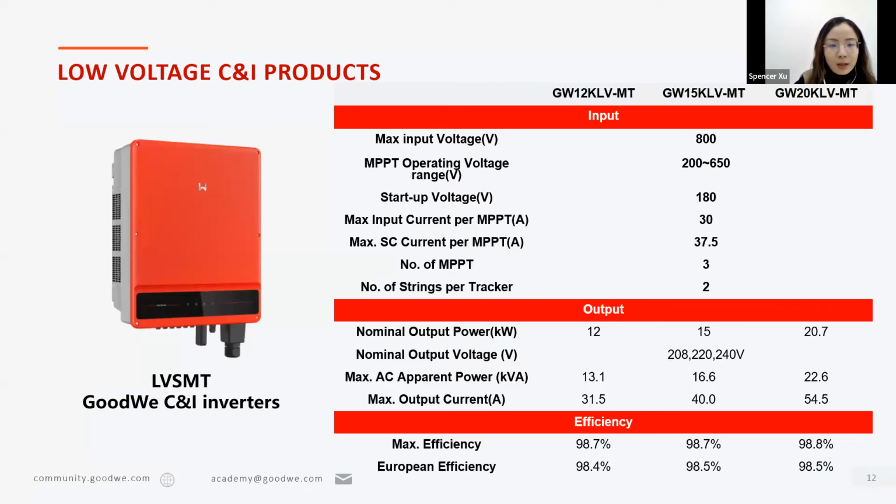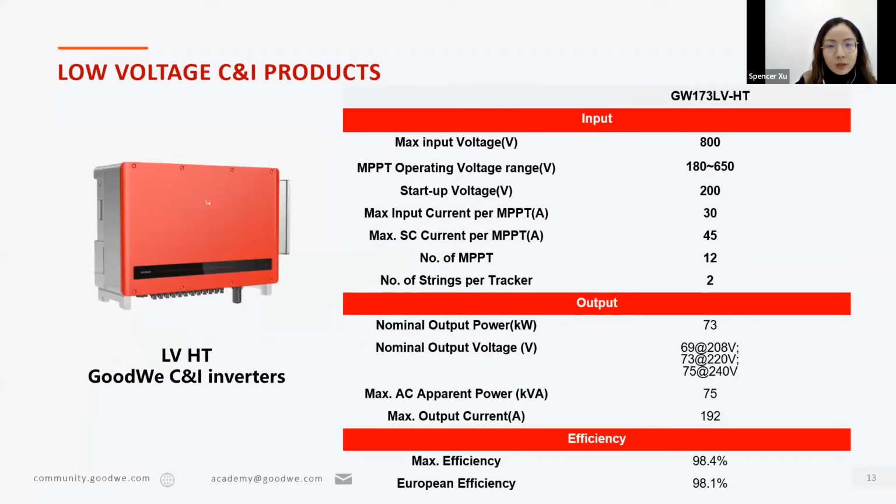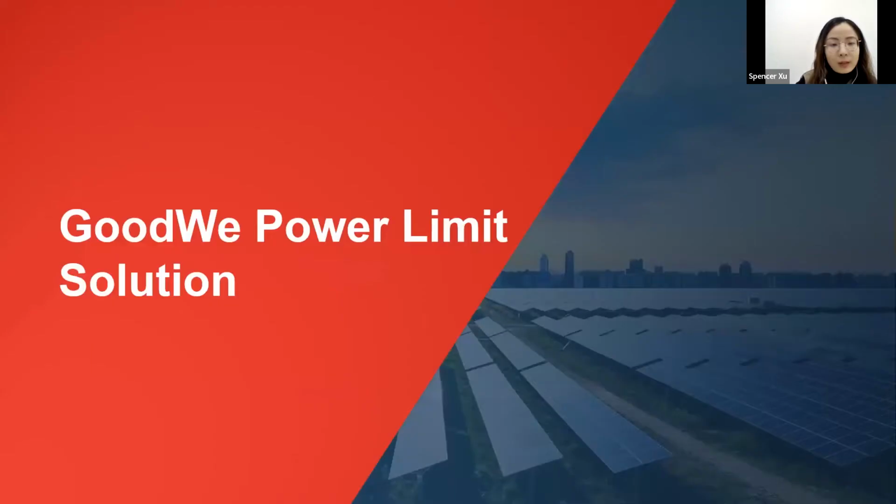It is the same as the SMT series, but it can be used in the low voltage grid. We also offer a low voltage model of the HT series, so it can also be used in the low voltage grid.